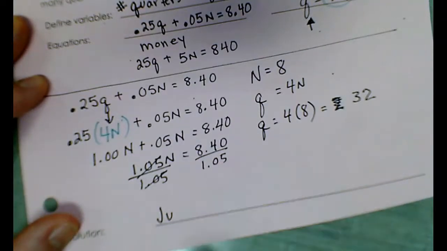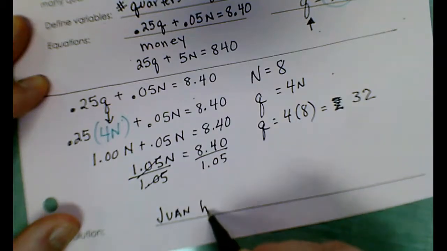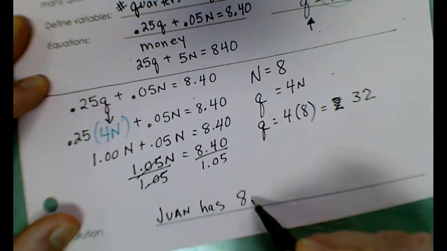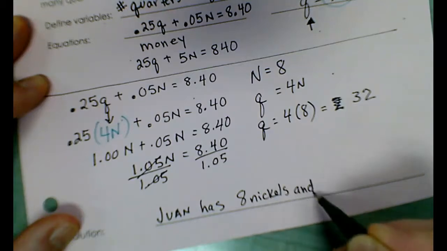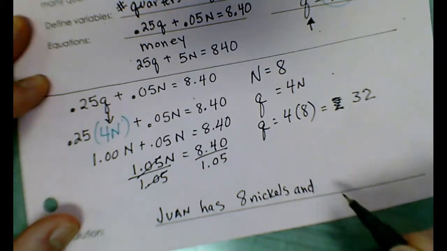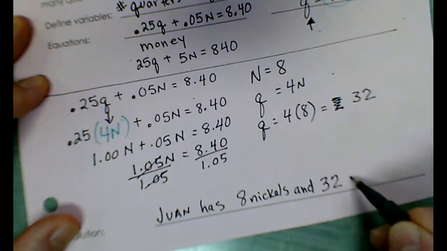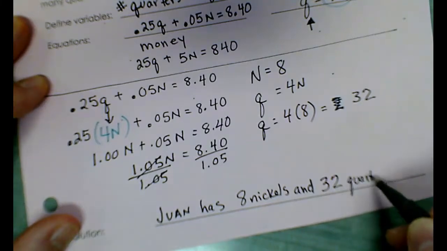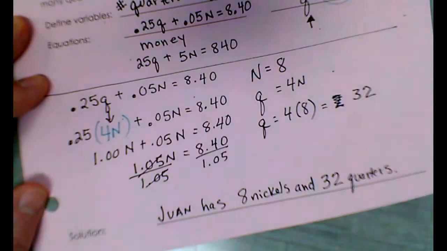So one has 8 nickels and 32 quarters. You could put for a total of $8.40 if you wanted to add a little more to your sentence.